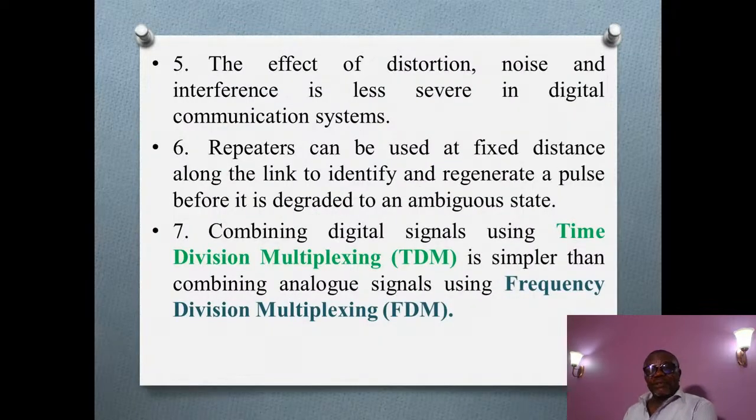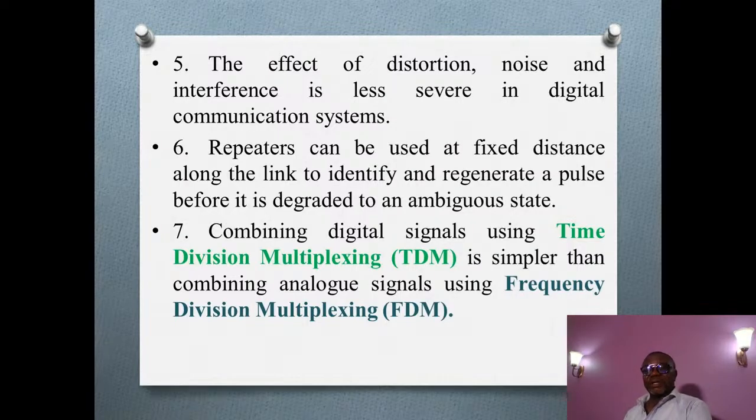Fifth, the effect of distortion, noise, and interference is less severe in digital communication systems. And sixth, repeaters can be used at fixed distances along the link to identify and regenerate a pulse before it is degraded to an ambiguous state.